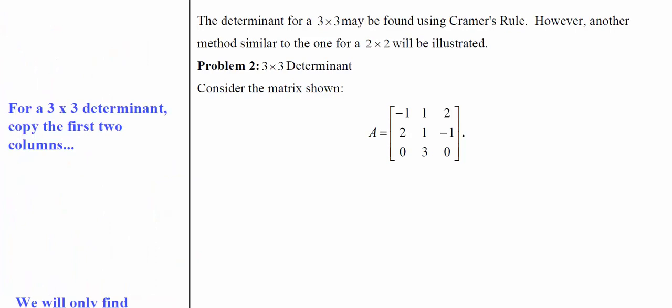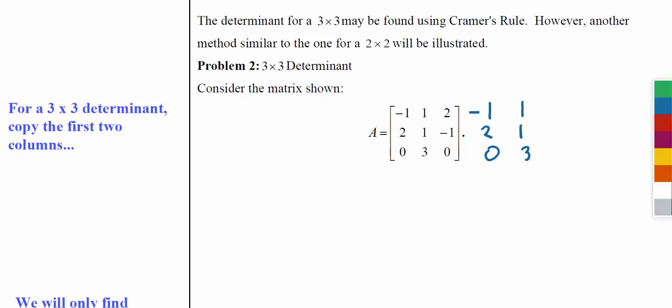In this class, we will also find the determinant for a 3 by 3 matrix. So what we're going to usually do for these is copy the first two columns. So recall, here's column 1, and here's column 2. And I went ahead and copied them after the matrix.